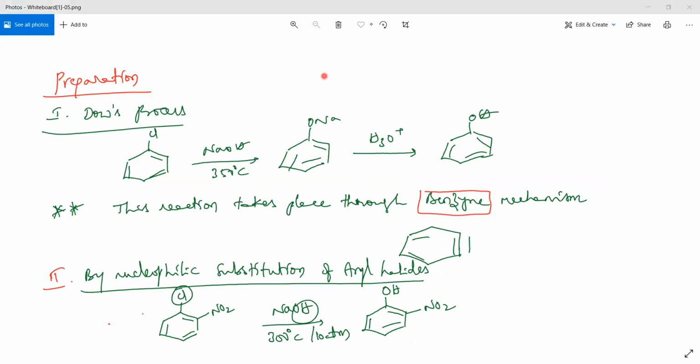The important point in this reaction, Dow's process, is that it follows the benzyne mechanism and nucleophilic substitution. Nucleophilic substitution means Cl minus will be substituted by OH minus.